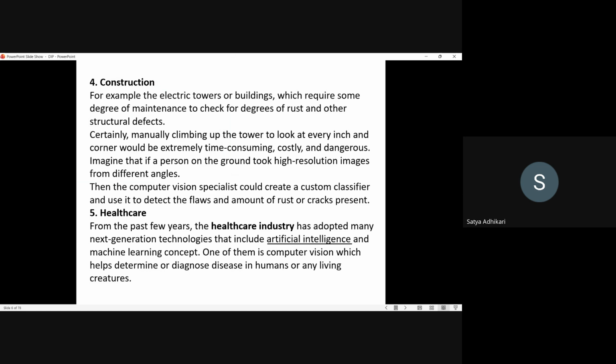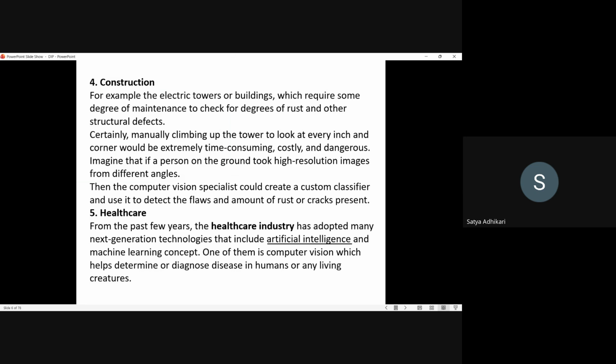Manually climbing up the tower to look at every inch and every corner would be extremely time consuming. If we do it manually, it takes more time. Besides that, it is more costly and dangerous.